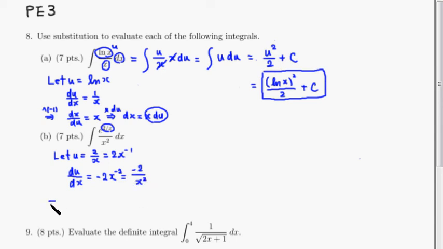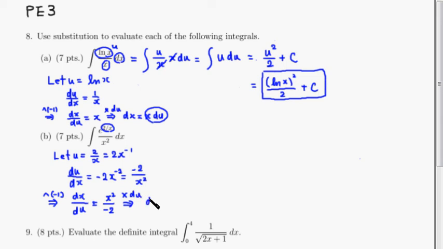So as usual, we take the reciprocal of both sides. So we have dx over du is equal to x squared over negative 2.